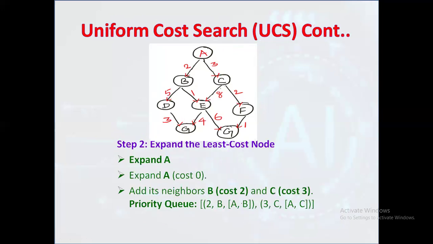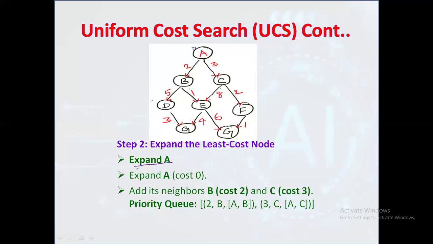In the next step, we expand the least cost node. Uniform cost search works by expanding the node with the least cost first. By considering this, we begin by expanding the root node A. So the next step is expanding A. At this point, the cost is 0.